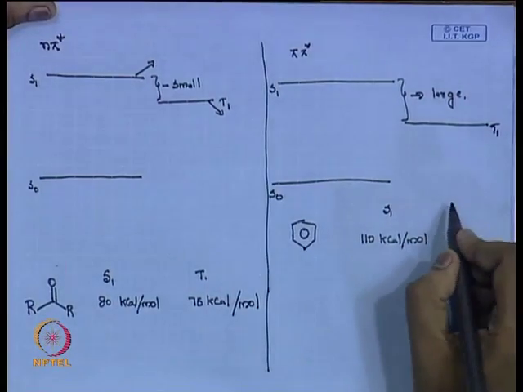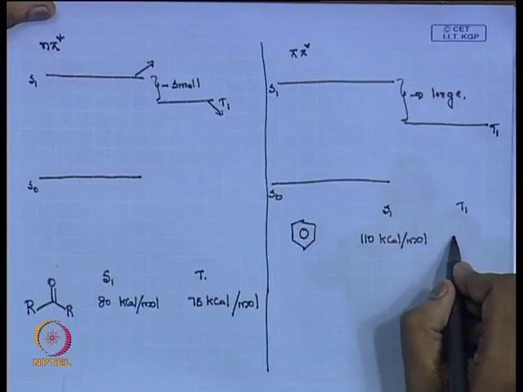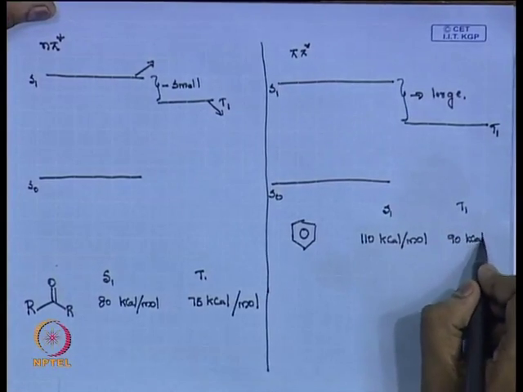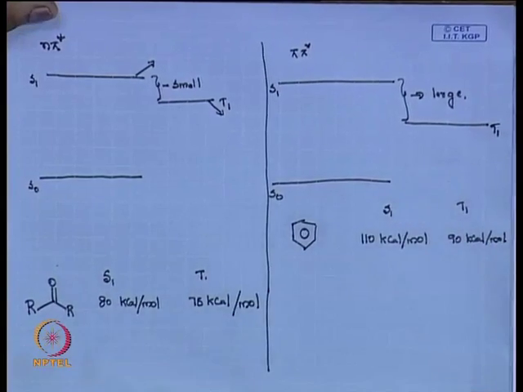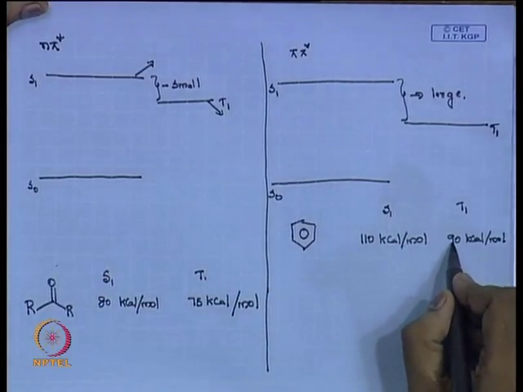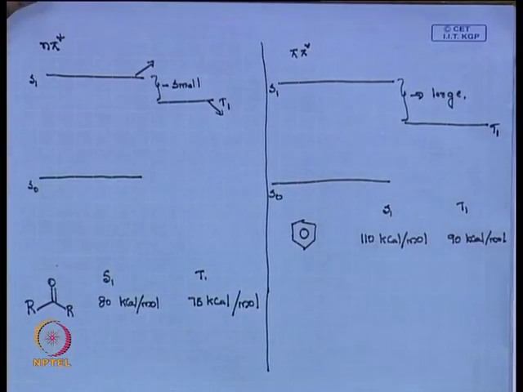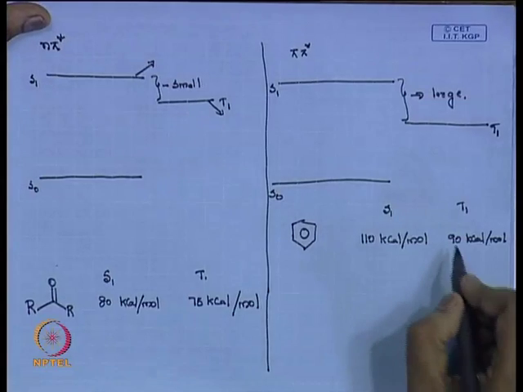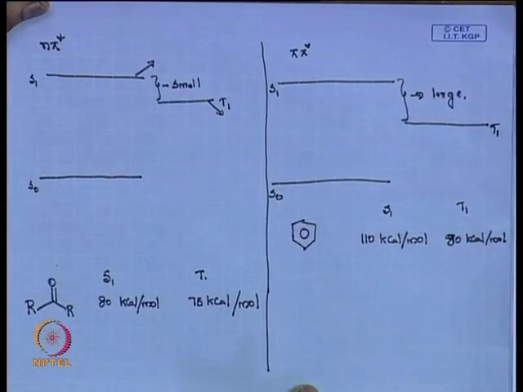If I go for my triplet, it is 90, sorry, it is 80 kilocalories per mole. So, you have an energy gap now of 30, right.